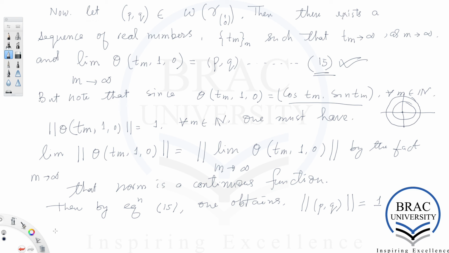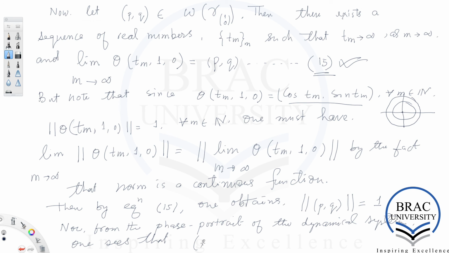Now from the phase portrait of the underlying dynamical system, which means the depiction of all the orbits in a diagram, one sees that p comma q has to be in the orbit of the vector (1, 0), because the orbit of the point (1, 0) is the circle of radius 1 centered at (0, 0).